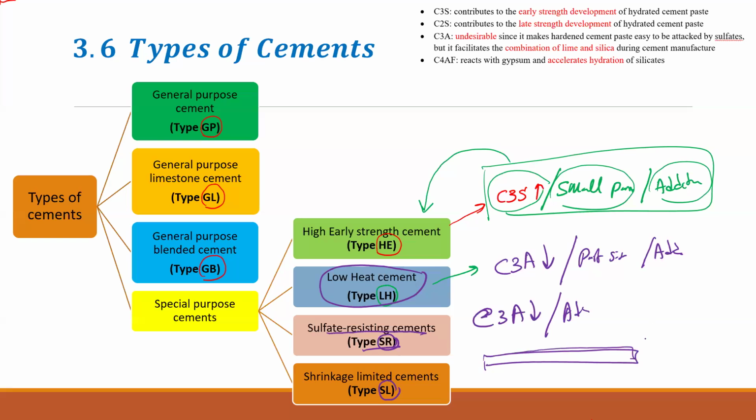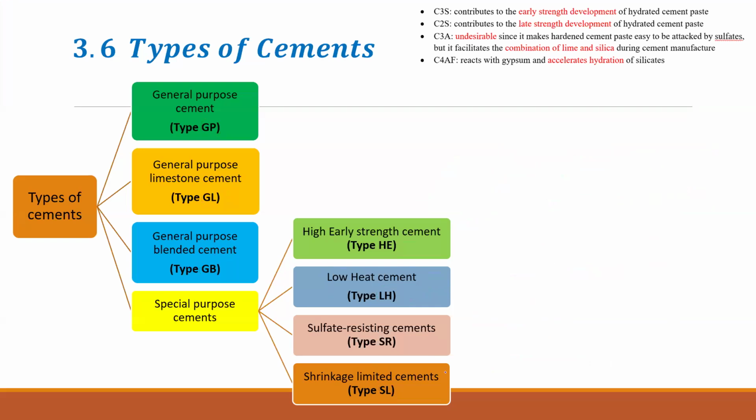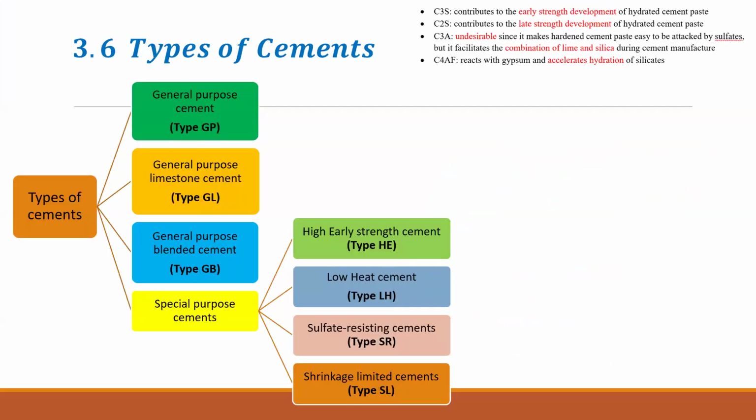If you have just a small percentage of shrinkage, that will reduce the total length, so it will be a considerable amount. So we need to control the shrinkage in some situations, and in that case, we need to use the shrinkage limited cements.